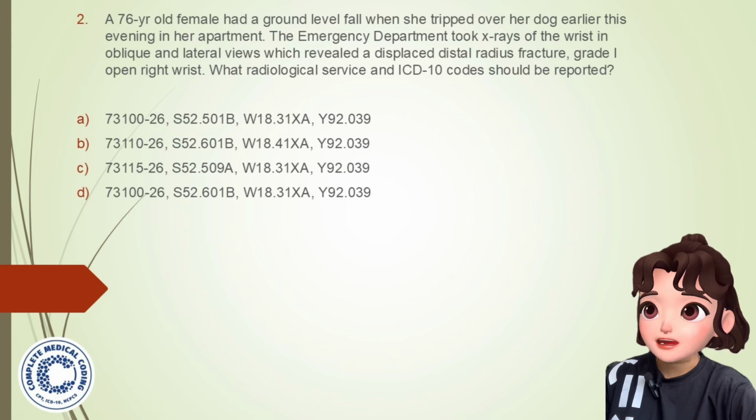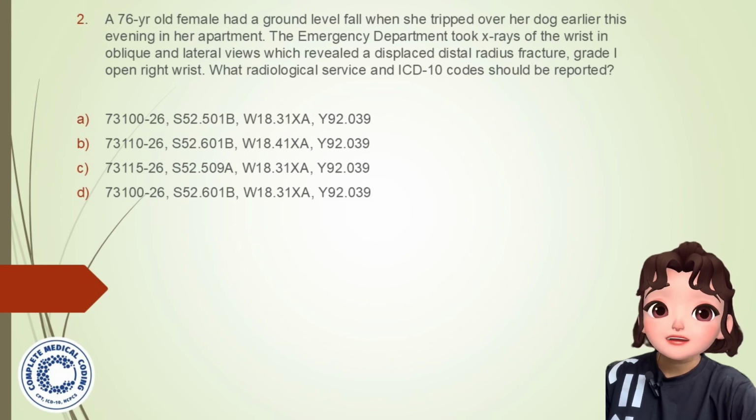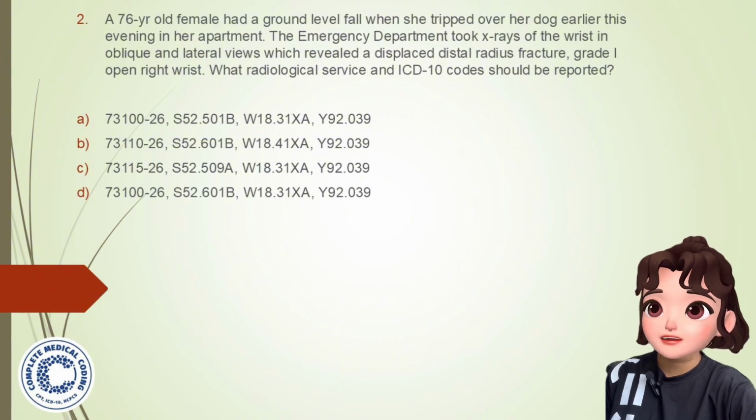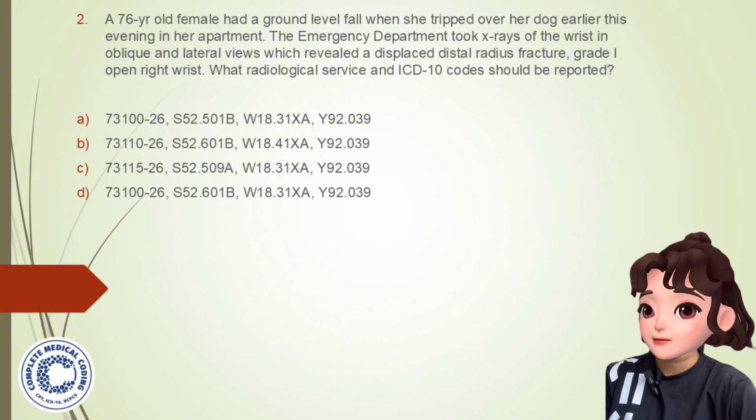Distal radius fracture, grade 1 open right wrist, means the X-ray shows a radius fracture of the right wrist, an open fracture. That is why it's mentioned as grade 1 open fracture. So we have to code the radiological service and the ICD code.